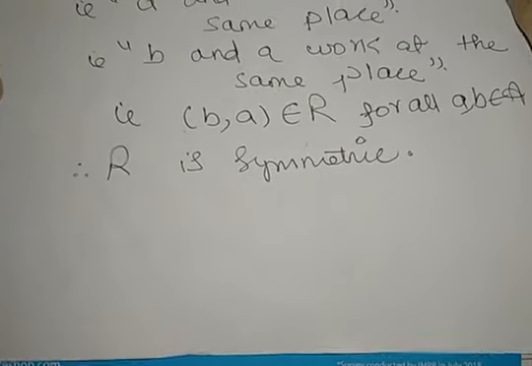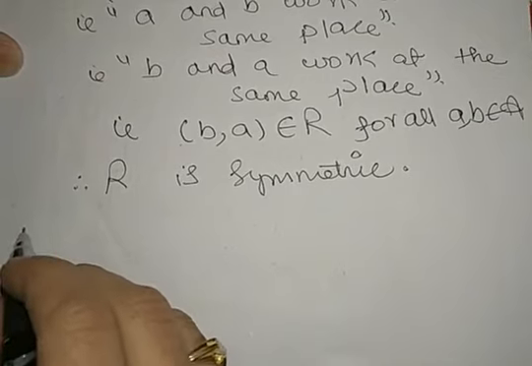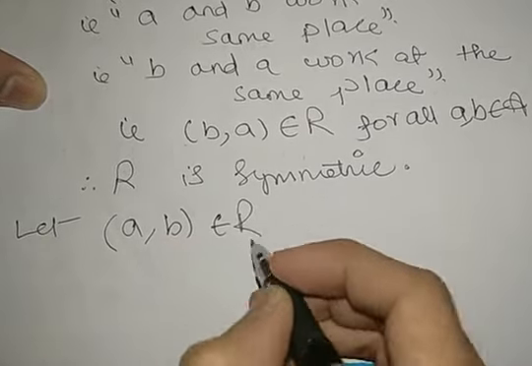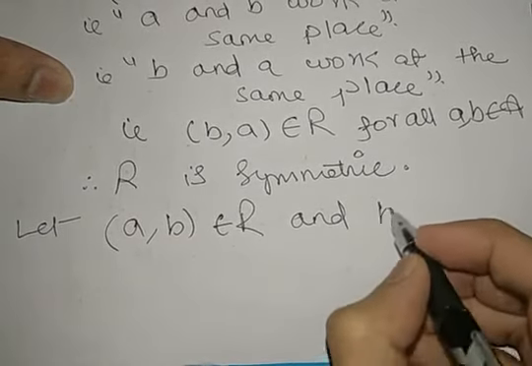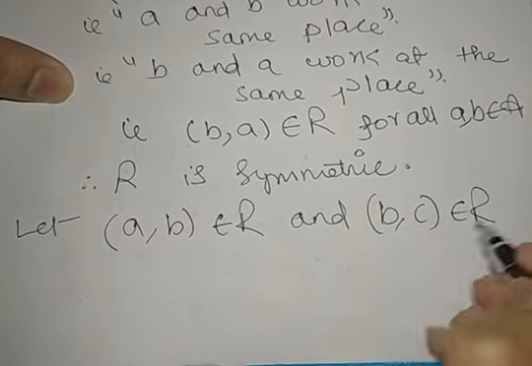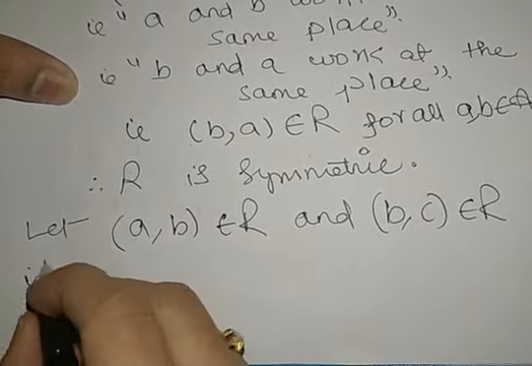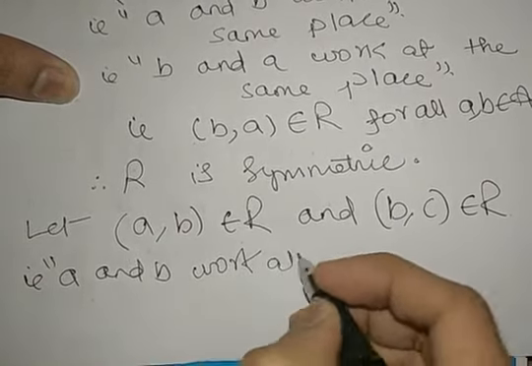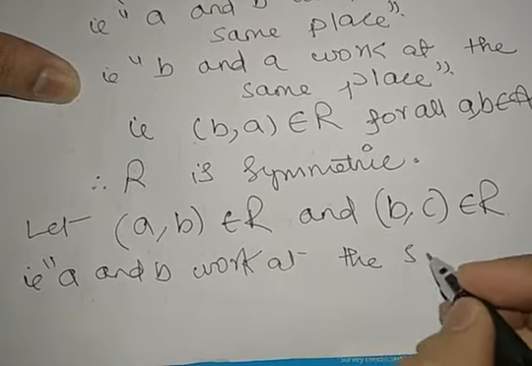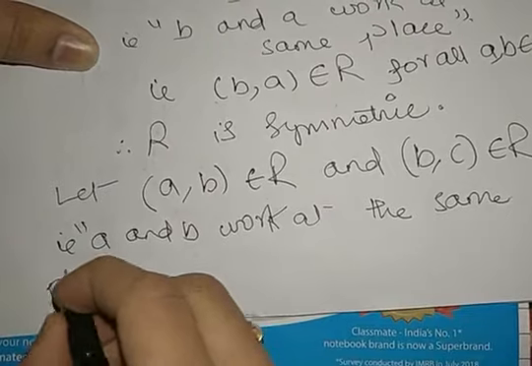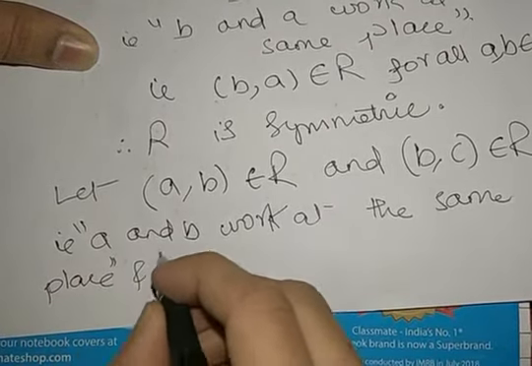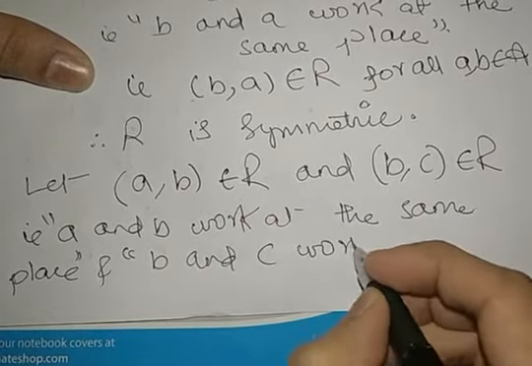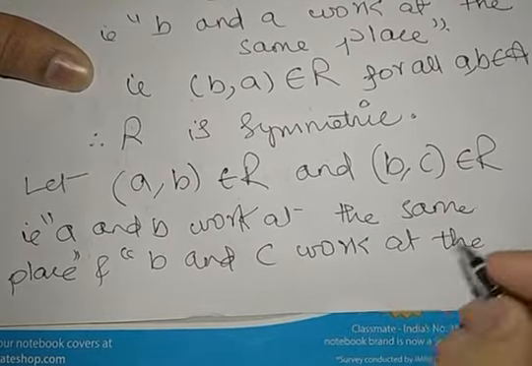Now if we take (a, b) belonging to R and (b, c) belonging to R, then a and b work at the same place, and (b, c) belonging to R means b and c work at the same place.